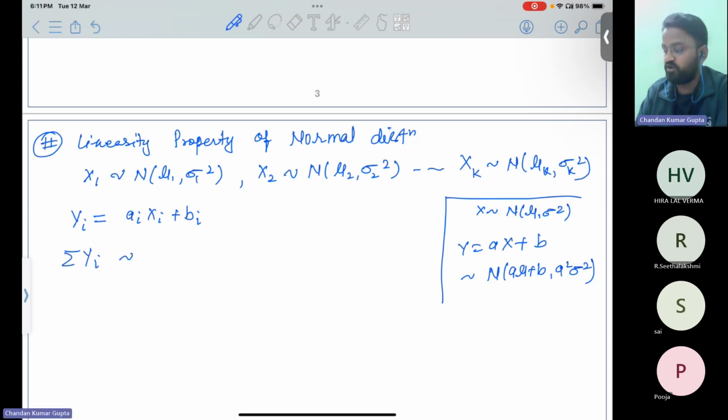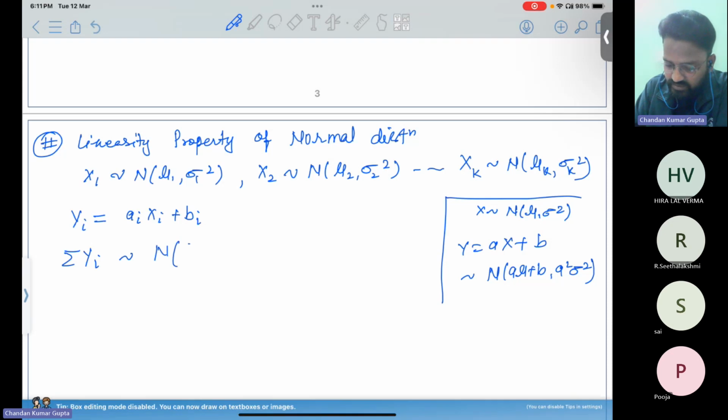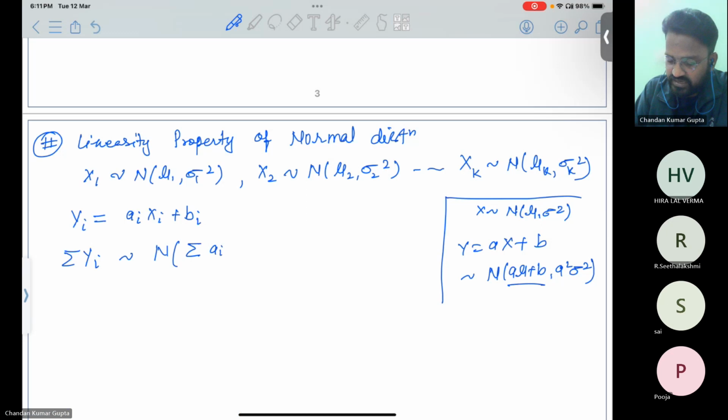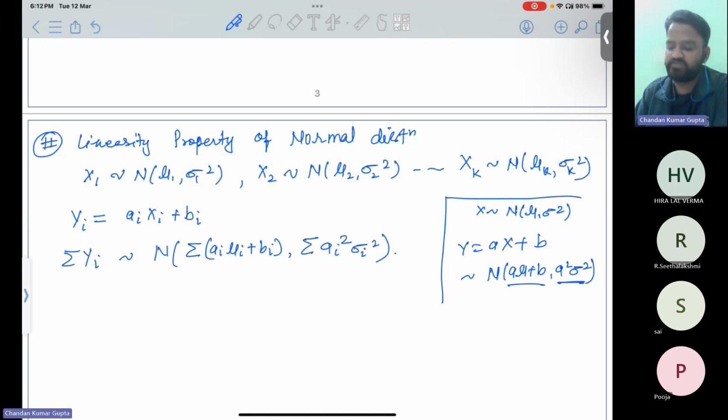This follows a normal distribution with mean summation of ai mu i plus bi, and variance summation of ai square sigma i square. So the normal distribution also follows the additive property along with the linearity property.